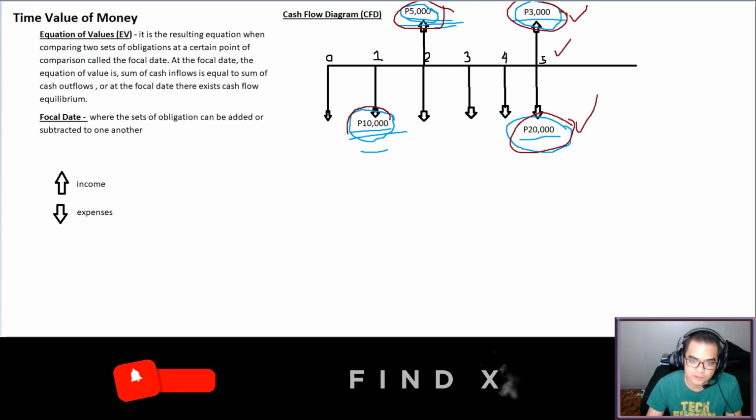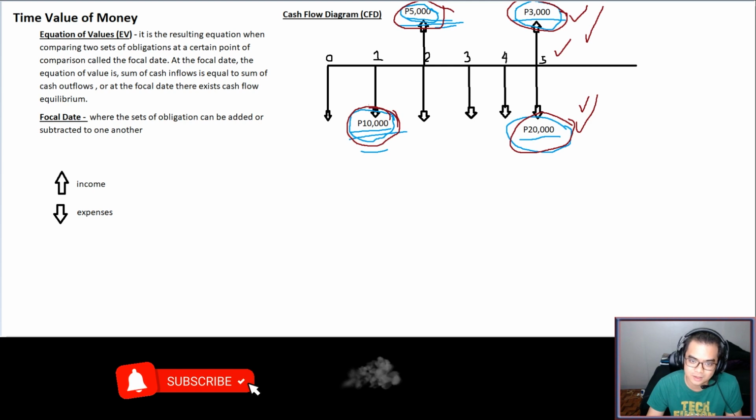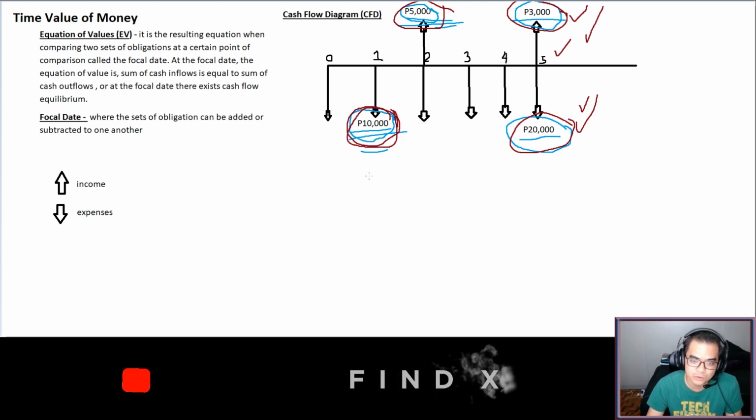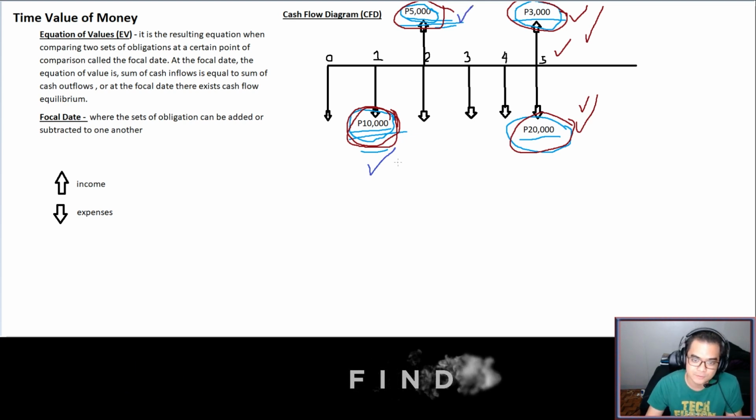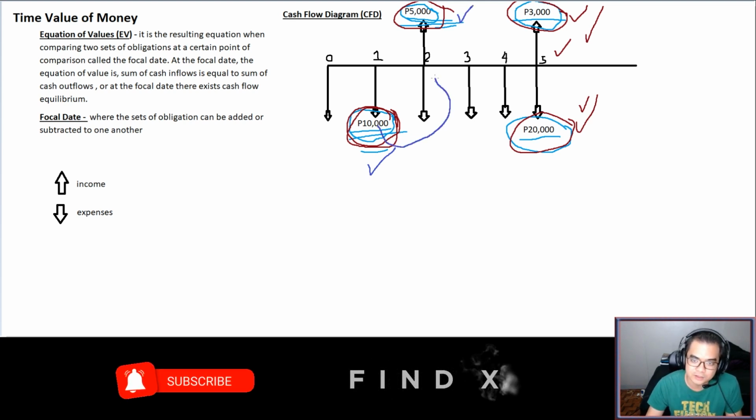Same goes with 10,000. Or for example, I want to add 10,000 and 5,000. There are two ways. It's either I bring 10,000 into year 2 or I bring 5,000 into year 1.